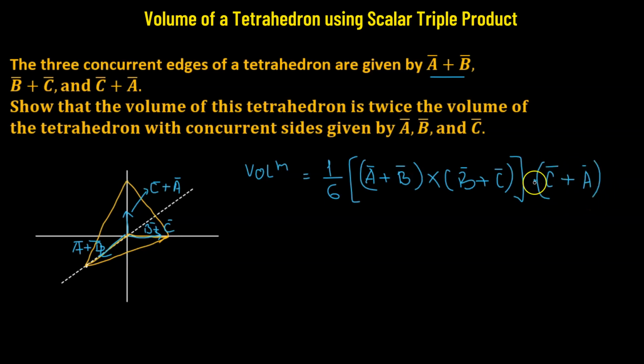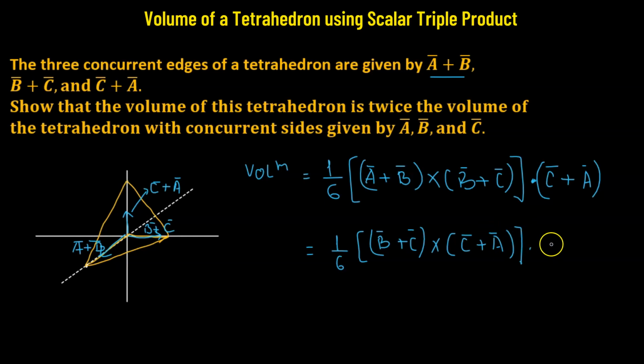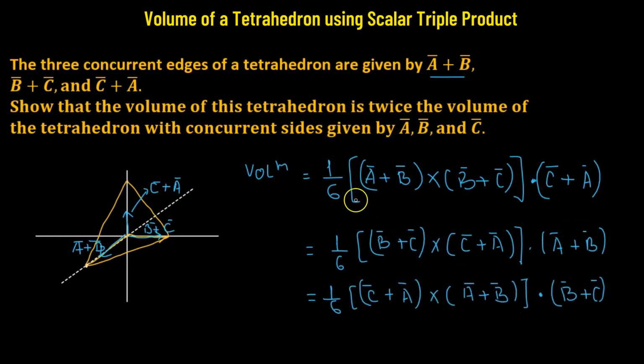Since this is a scalar triple product, we can change the order such that we have 1/6 times b plus c crossed with c plus a, and then dotted with a plus b. Here we can use any one of the results to solve the problem.